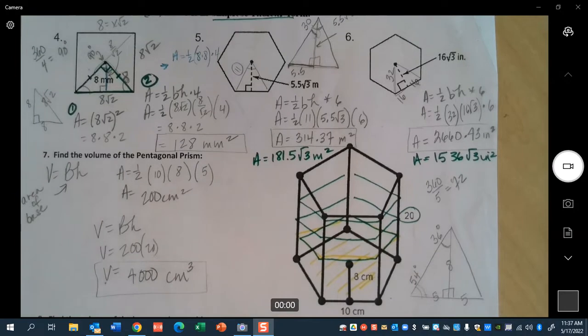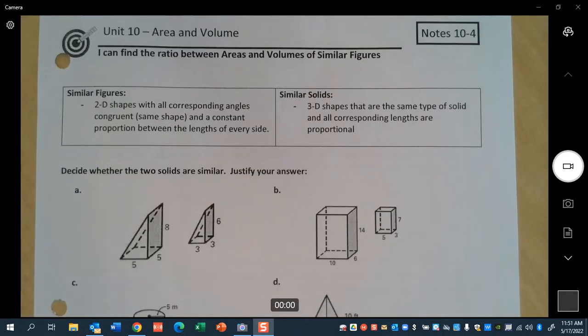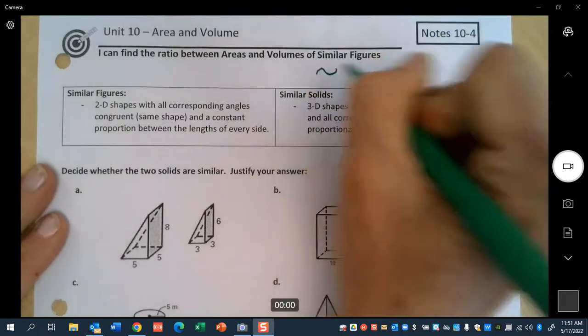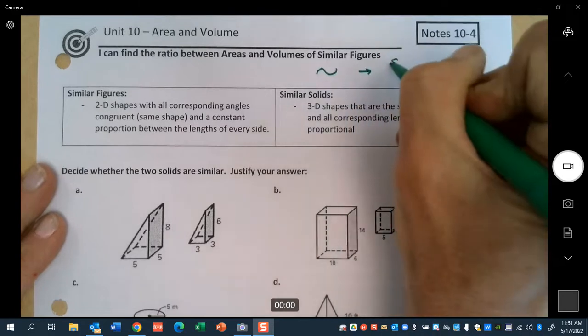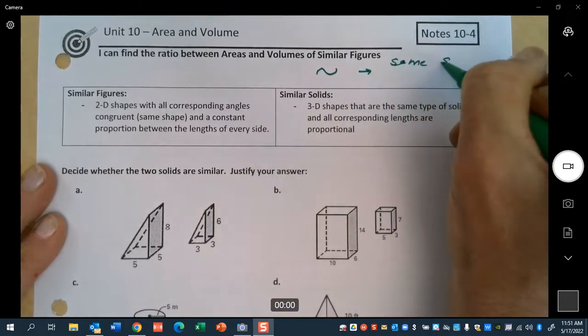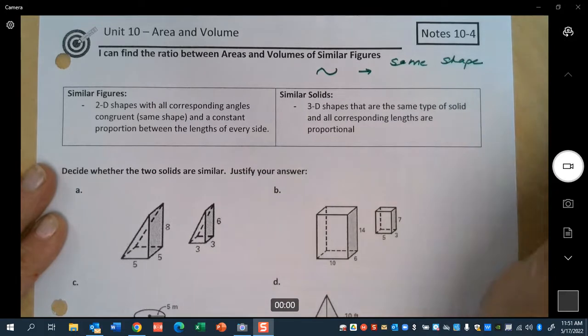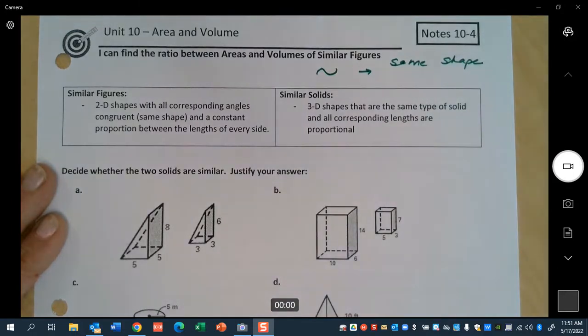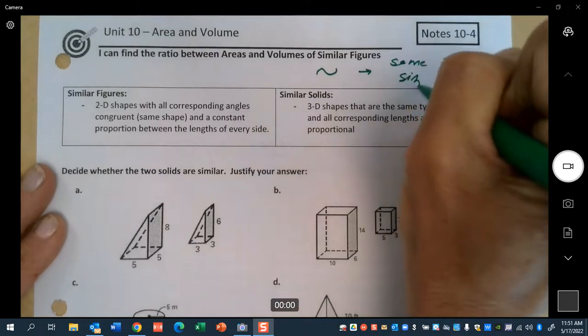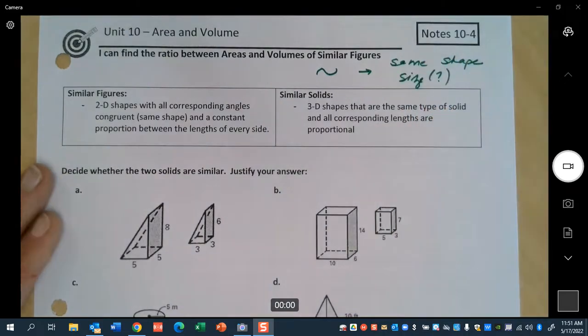Okay. So when we talk about similarity, we know that similar figures means same shape, but not necessarily the same size. So your size is going to be either a reduction or an enlargement, depending on what you have.